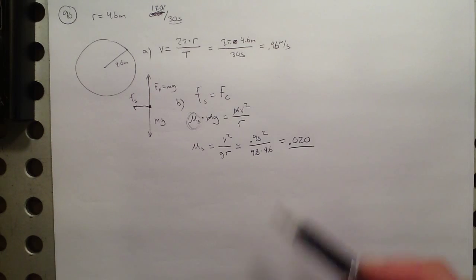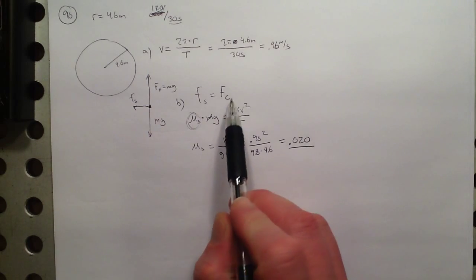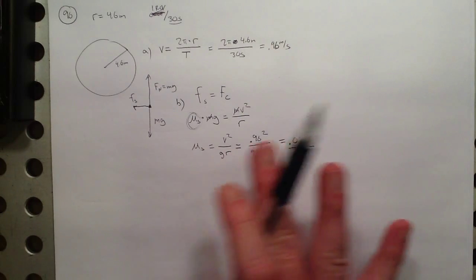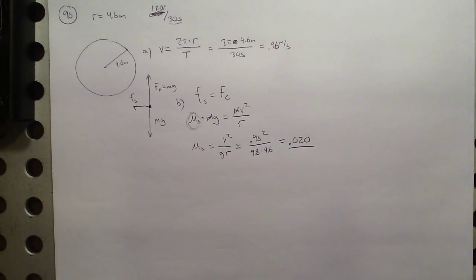We could assume that it probably has a static coefficient of at least 0.4, 0.5, something like that. So the merry-go-round is not spinning so fast that this thing would require so much centripetal force that we start to get to the edge where it's going to slip off. It's not even coming close to slipping, right?